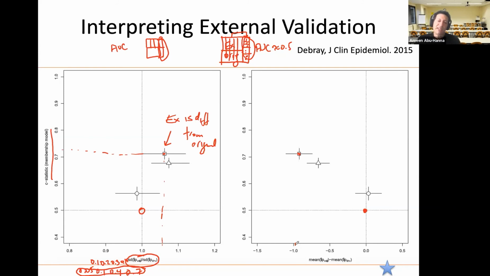So here you see that the difference between the mean predictions also tells you there are different populations, and also probably because one of the groups is less severely ill, or there are different characteristics that make it more likely that the new model has less. So the new model here, because I see it's a negative number, but it depends how you want to interpret. But basically, there's a different total risk between the external and the original.